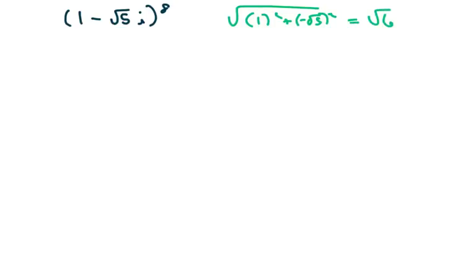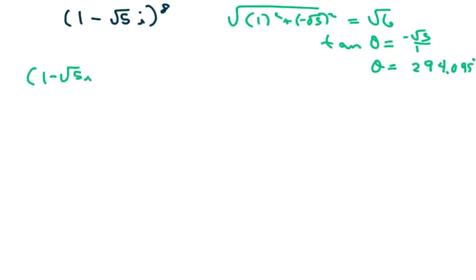All right, and I'm also going to do tan of my angle equals negative square root of 5 over 1. So when you do the inverse on that, you're going to get 294.095 degrees.